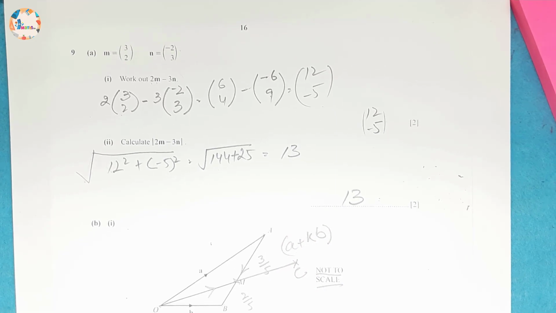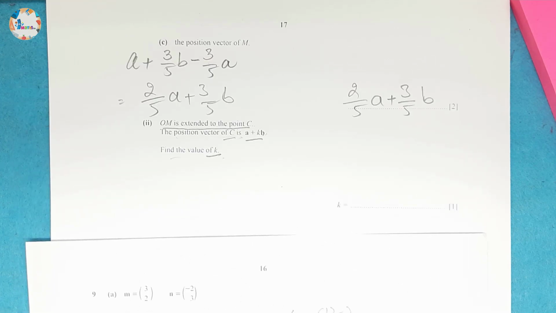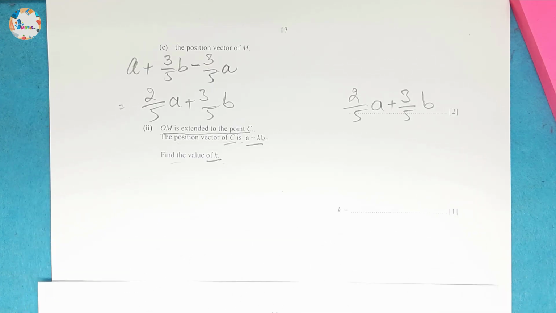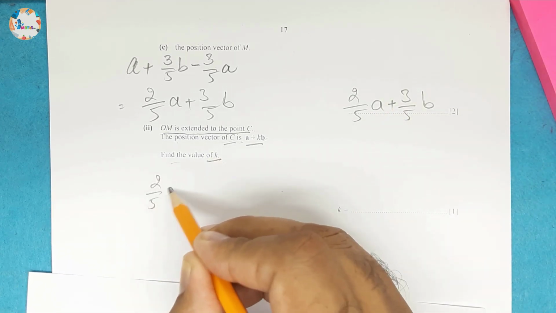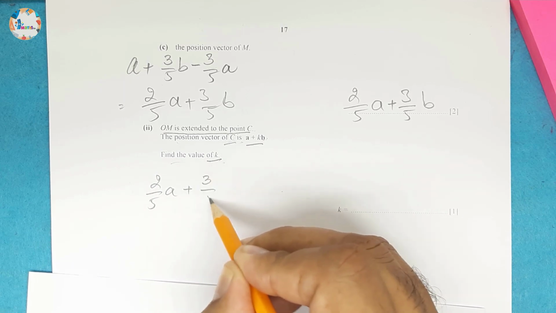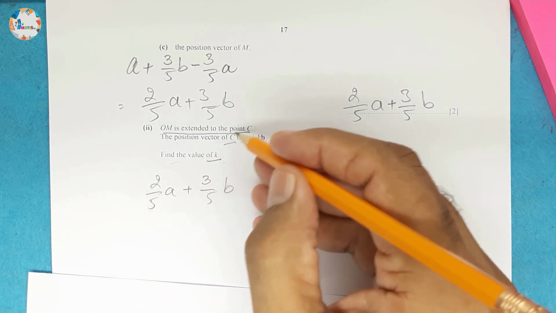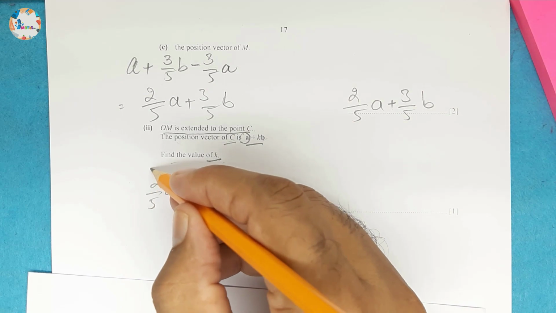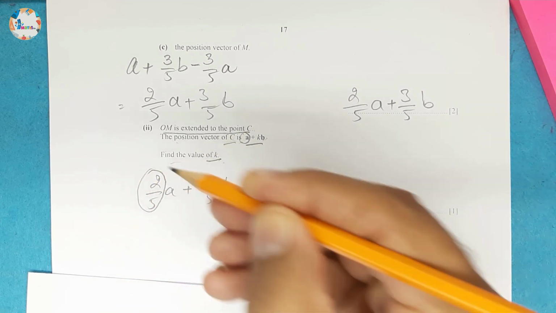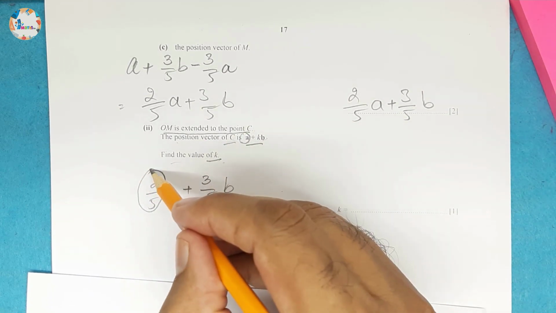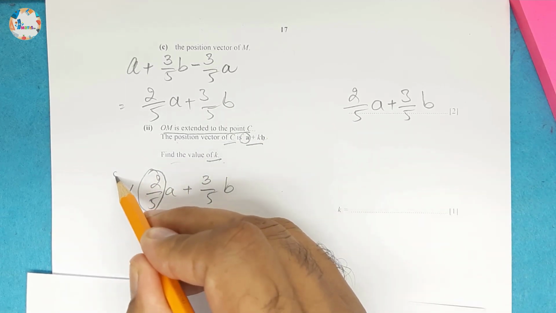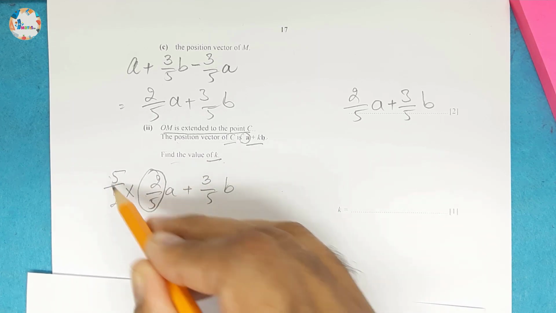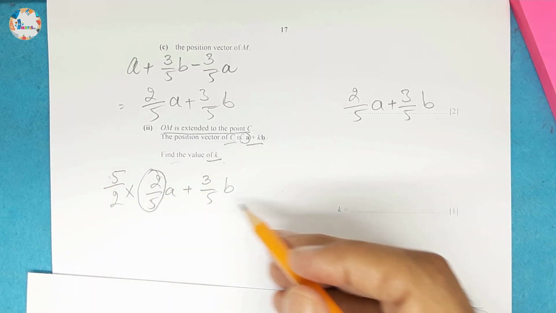So we need to find the value of k. What we can do, we have this result from the previous part, 3 by 5 b. Now we need a over here. So we have to make the coefficient of a as 1. So how will we get 1? If we multiply this one by 5 by 2, they will cancel each other and we will get 1 over here.